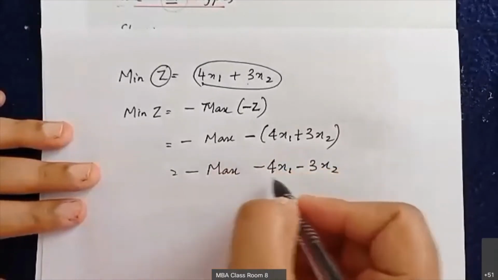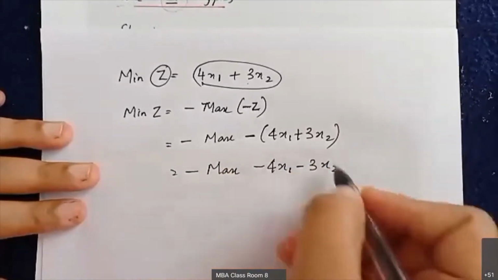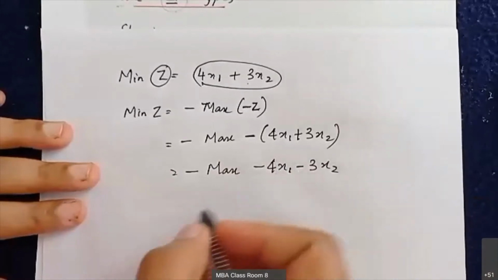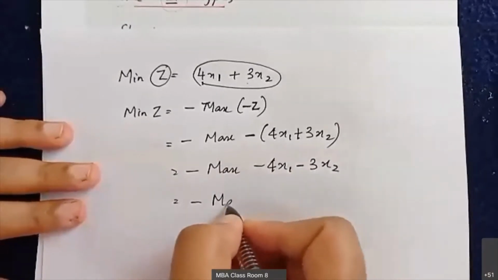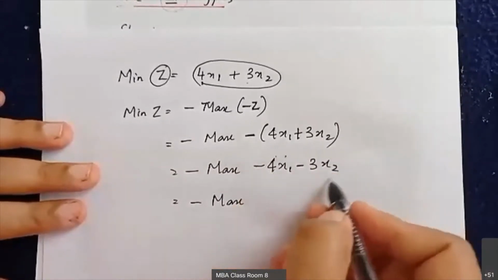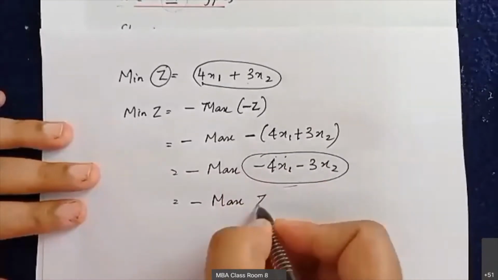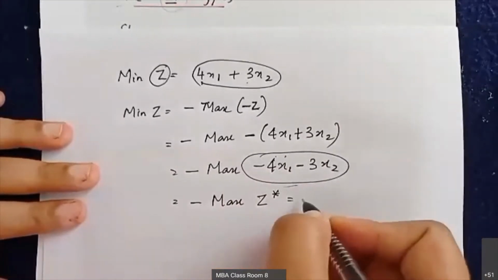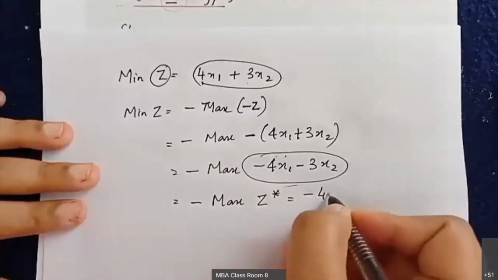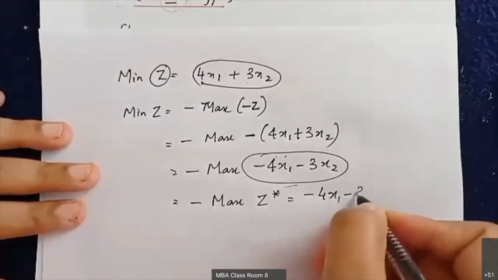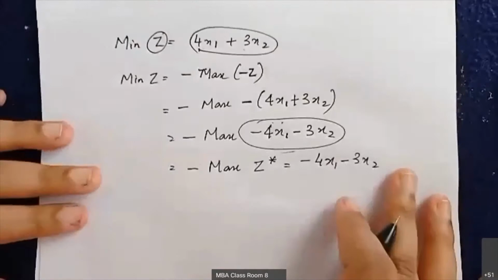I'm calling this z as z star. So max of z star is equal to minus of 4x1 minus 3x2. Is it okay?